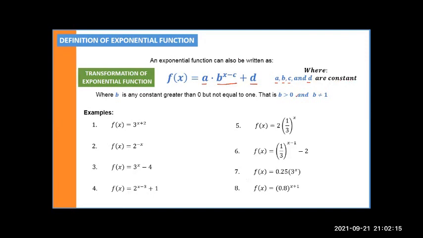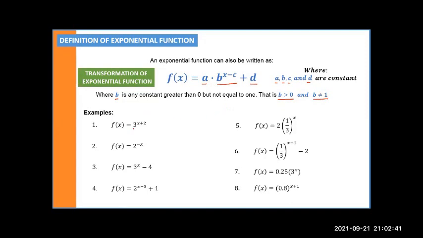And then meron din tayong restriction para sa b. So ganun pa rin yung restriction natin sa b. Greater than 0 but not equal to 1. So nadagdagan lang siya ng coefficient sa kaliwa, nadagdagan ng exponent which is c, and nadagdagan ng number sa kanan. Okay? So anong mga examples niyan?